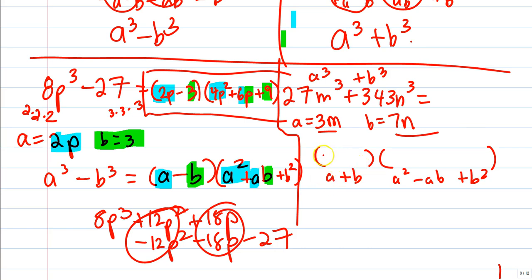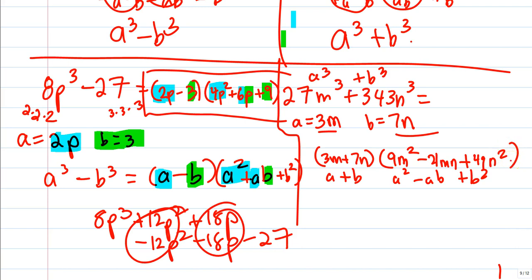A plus b would be 3m plus 7n. What would a squared be? 3m times 3m, 9m squared, minus a times b, 3 times 7, 21mn, plus b squared, 7n times 7n, 49n squared.